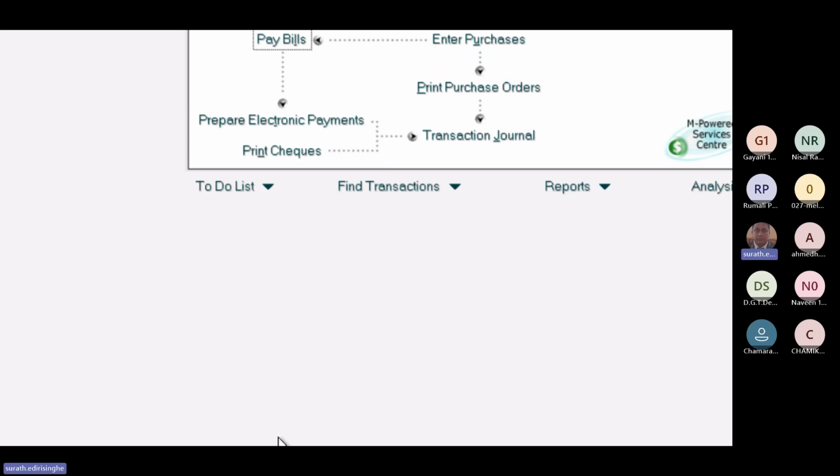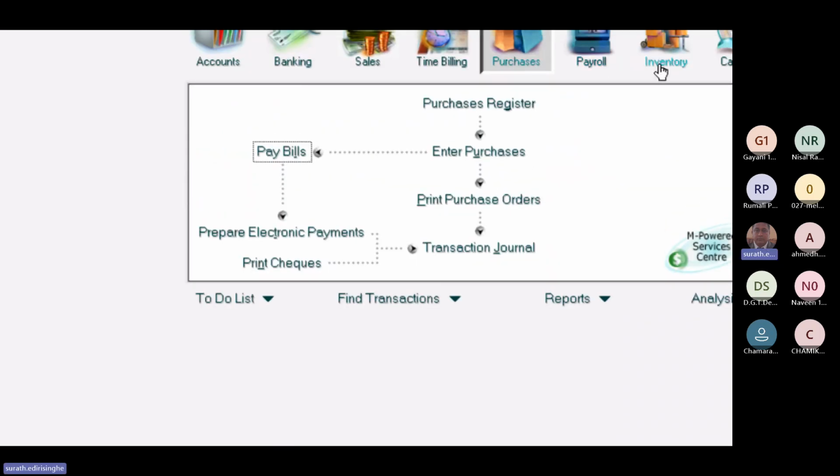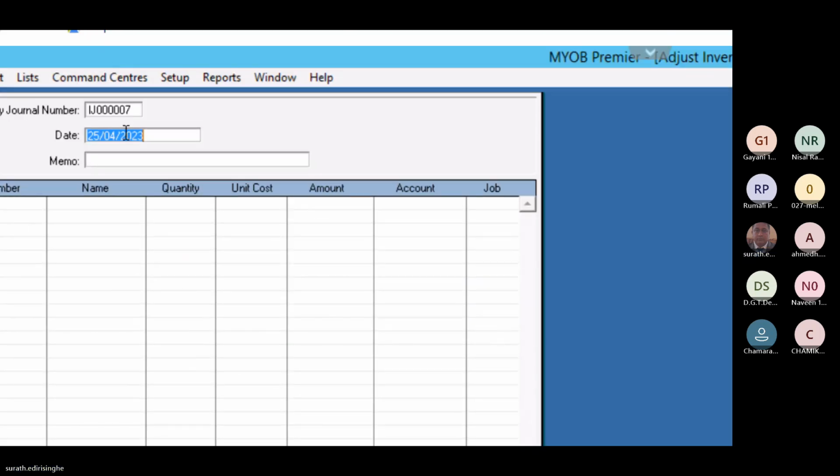Then these assets, 10 rubber mats in your warehouse, after paying on this bill, now we transfer these assets from my inventory to asset account. Rubber mat, zero one.